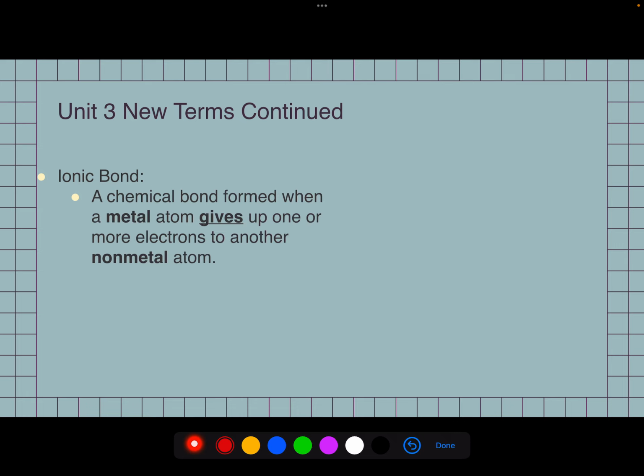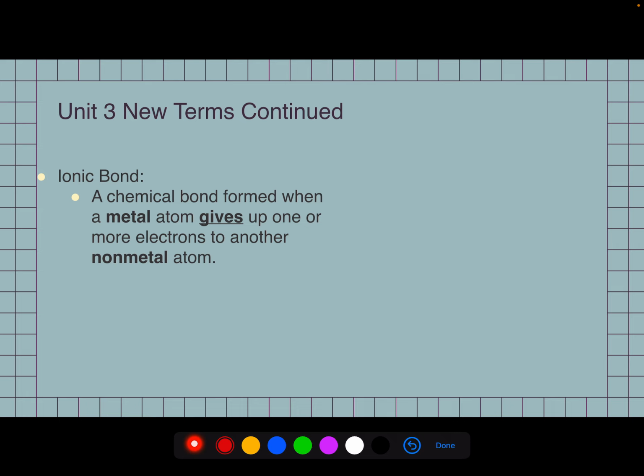This is a chemical bond formed when a metal atom gives up one or more electrons to another non-metal atom, okay? That's the key. So I'm going to ask a question, what is the difference between an ionic bond and a covalent bond? So you're going to want to go into your vocab and find these two terms here, okay?